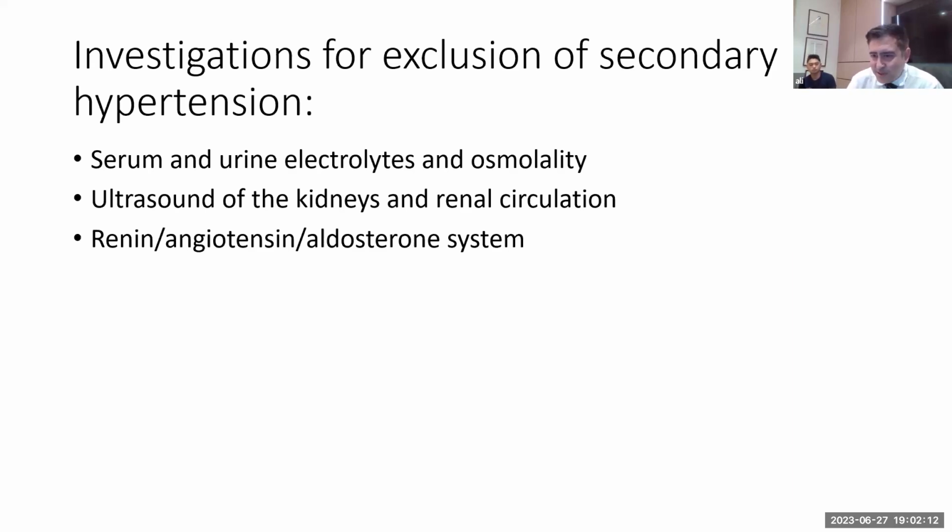So we need to establish that, because the treatment is surgical, and we need to remove that adenoma if the person has Cushing's disease. But we need to do the right investigations to establish whether or not the patient has Cushing's disease. So we do the serum urine electrolytes, osmolarity, we do ultrasound, look at the kidneys and the adrenal glands to look for adrenal tumors that can produce cortisol.